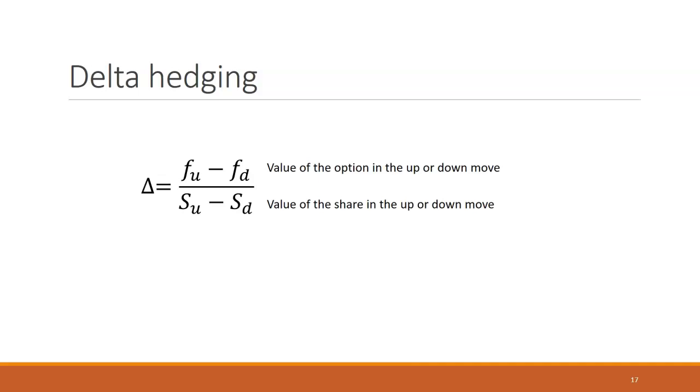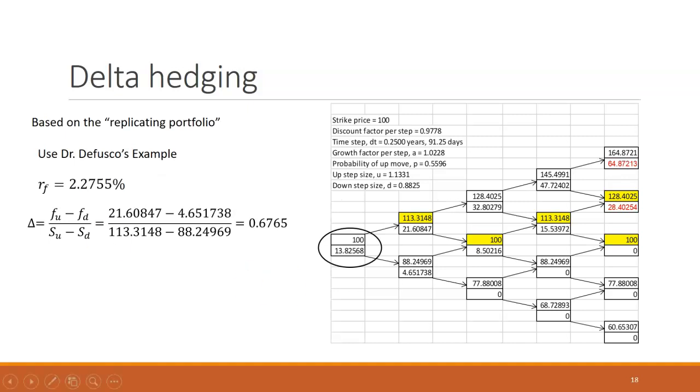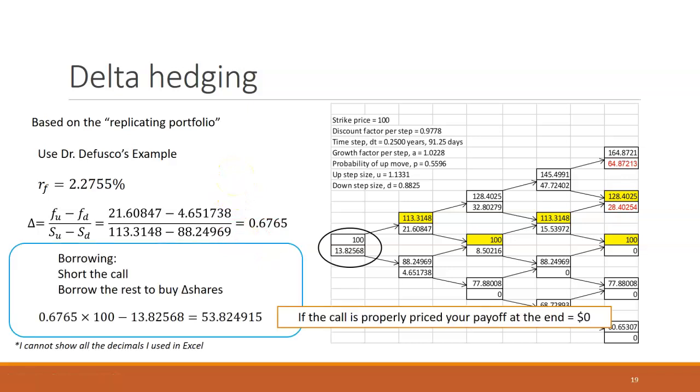All right, so I mentioned that here. Okay, and in fact, I'm showing you that here. There's the same delta that we got before. Now also I want to point out that you can see what the call costs today, so you can observe that today.